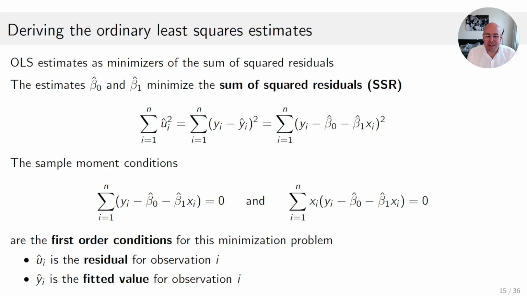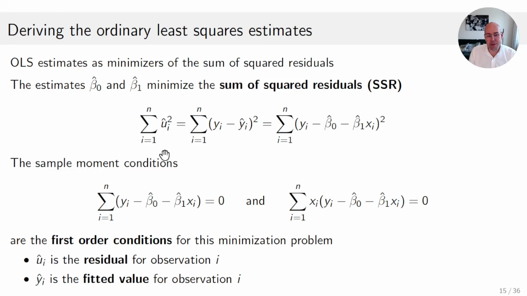We get to the exact same estimates when we start from a criterion function and then minimize that criterion function. What is that criterion function? The criterion function is the sum of the squared residuals.